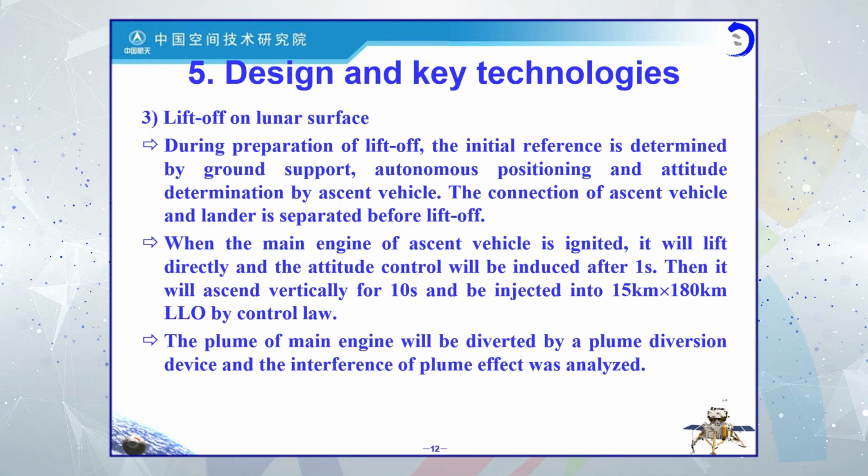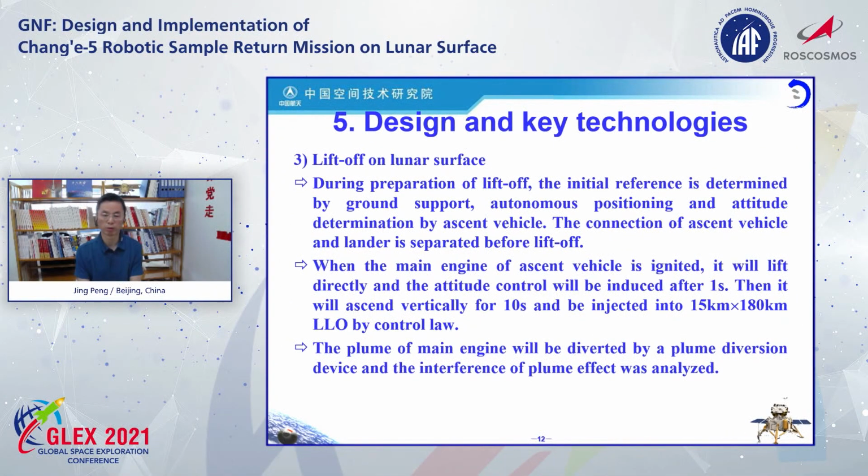The third one is about liftoff from the lunar surface. During preparation for liftoff, the initial reference is determined by ground support, autonomous positioning, and attitude determination by the ascent vehicle. The connection of the ascent vehicle and lander is separated before liftoff. When the main engine of the ascent vehicle is ignited, it will lift directly, and the attitude control will be induced after 1 second.